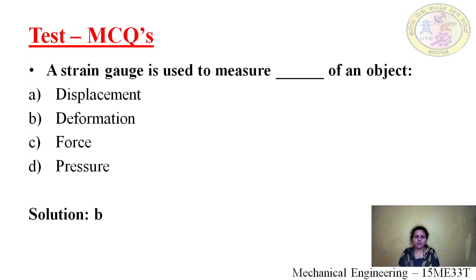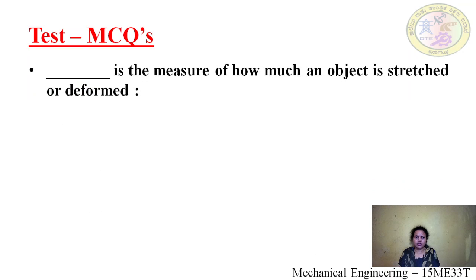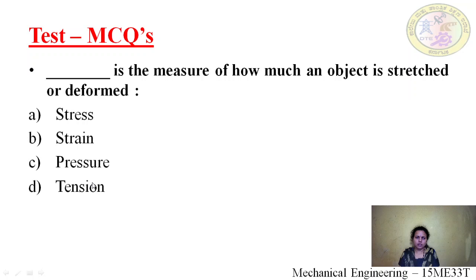We'll go for the next question. The next question is: dash is a measure of how much an object is stretched or deformed. Option A, stress. Option B, strain. Option C, pressure. Option D, tension.